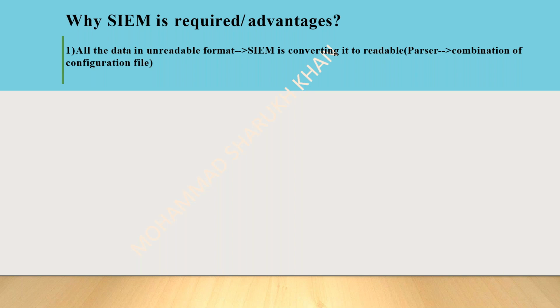A person can be an expert in Checkpoint logs, or he can read router logs and switch logs, but he is not able to understand the endpoint logs. That's the main thing where SIEM was required. We need a standardized solution where all the logs will be flowing and a single person can easily understand them. So that's what I mean by all the data being in unreadable format.